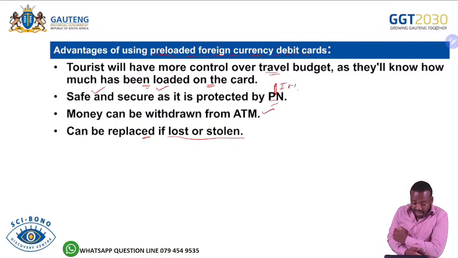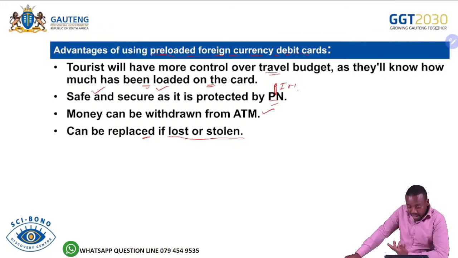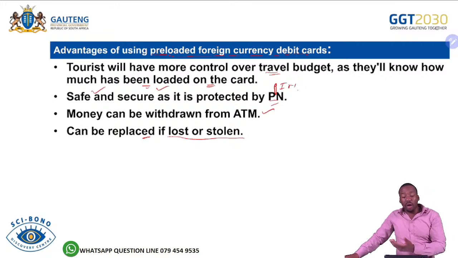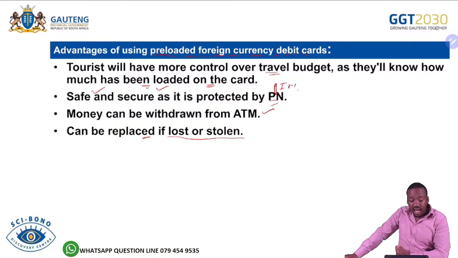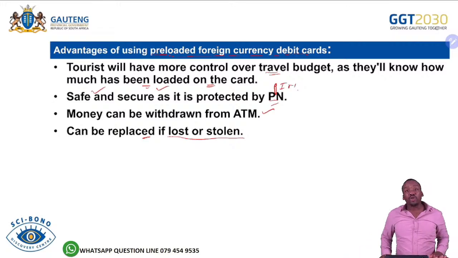Obviously, you need to provide information to the bank to say I've lost my card. With preloaded foreign debit cards, tourists will have more control over travel budget as they will know how much has been loaded onto the card. They are safe and secure as they are protected by a PIN. Money can be withdrawn from an ATM, and they can be replaced if they are lost or stolen.